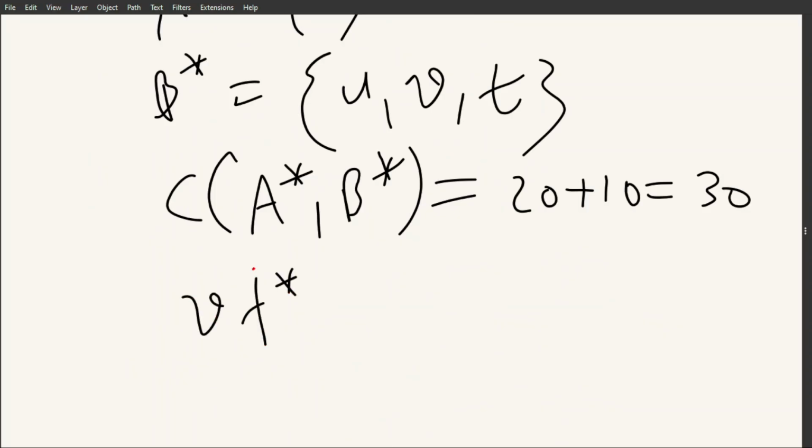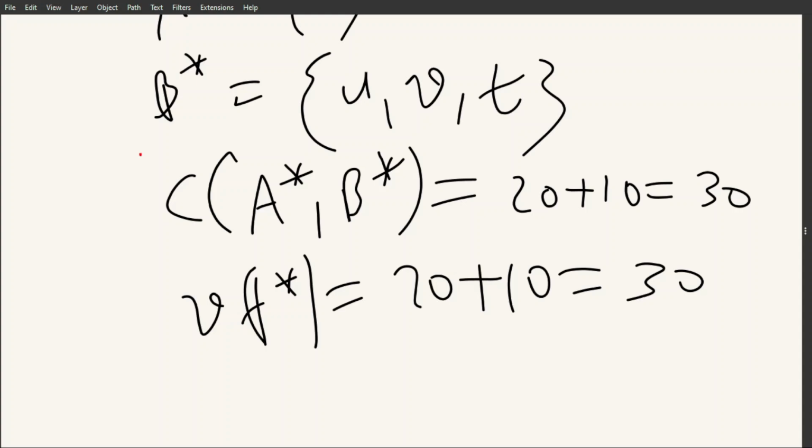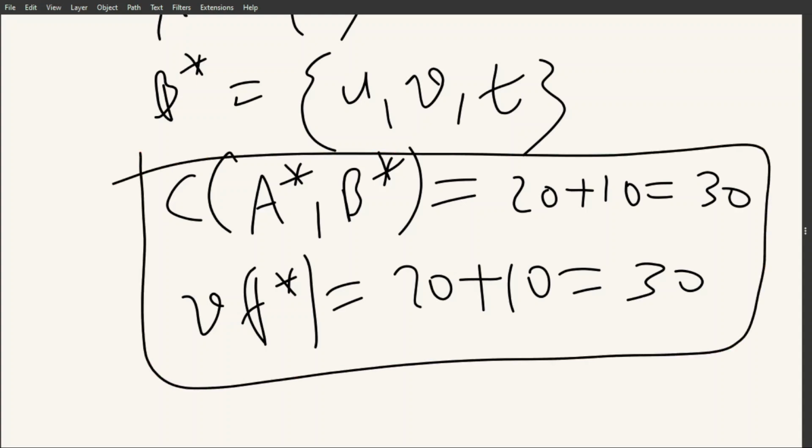The value of F star is also 30. So here we can easily see that the value of the flow is the same as the capacity of the cut, and this is how we can generate the minimum cut using the Ford-Fulkerson algorithm. Any questions?